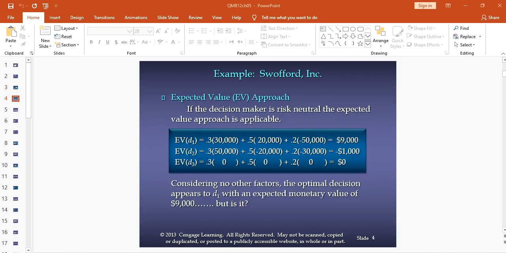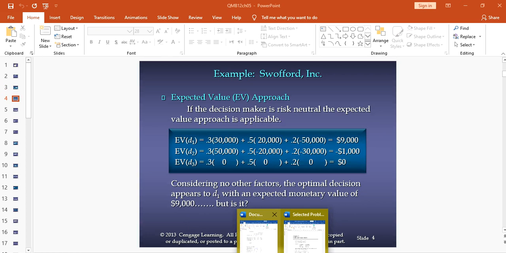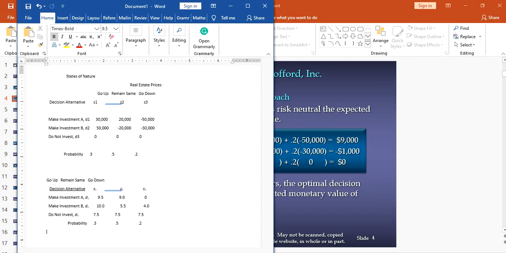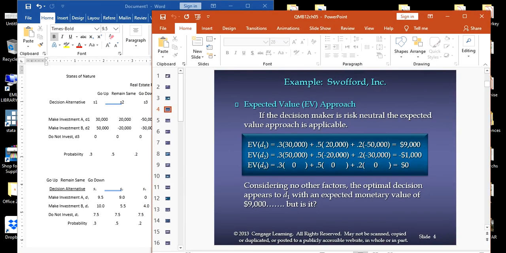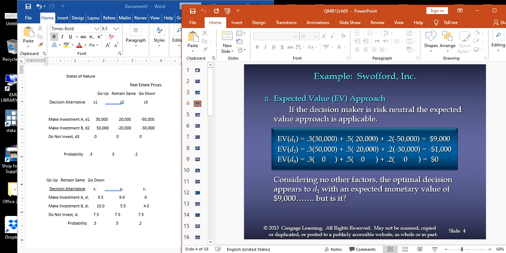So we're gonna be calculating the expected value over here. Expected value is, okay, I created this file in order to have these numbers throughout this lecture in front of us. So the expected value is here.